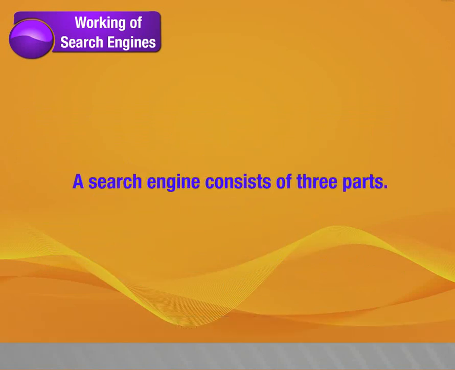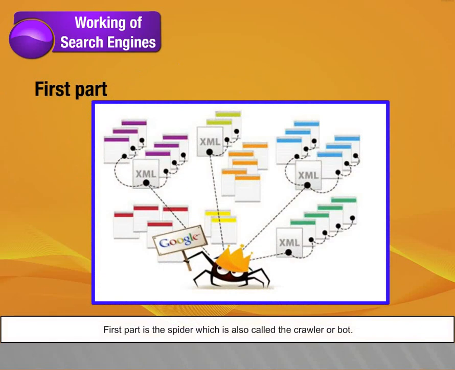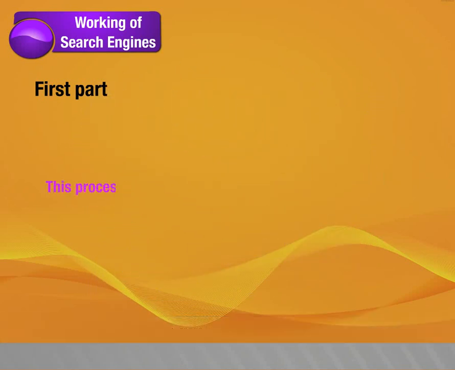A search engine consists of 3 parts. First part is the spider, which is also called the crawler or bot. This spider visits a web page, reads it, and then follows links to other pages within the site. This process is often referred to as crawling or spidering.